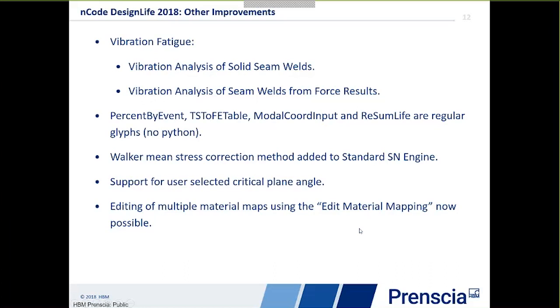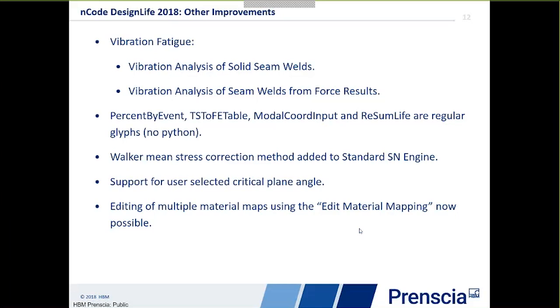And the last one mentioned there, up until now, if you had multiple material maps defined in your analysis, you needed to go into the advanced edit screen in order to change the material setup. And the edit material maps option was grayed out on the right click menu. We've now changed that so you can go straight to material mapping without ever going to advanced edit.